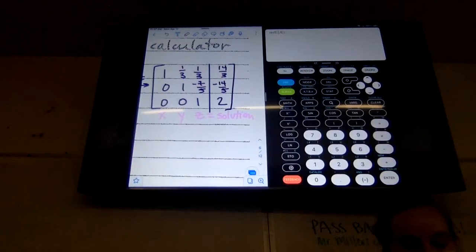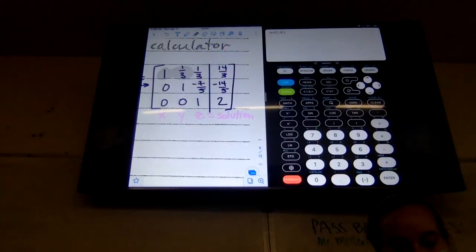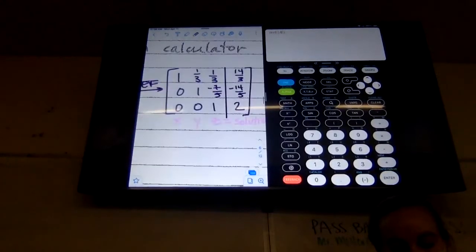So if I'm reading this first line, 1, 1/3, 1/3, 14/3, that's the same thing as 1x plus 1/3 y plus 1/3 z equals 14/3.